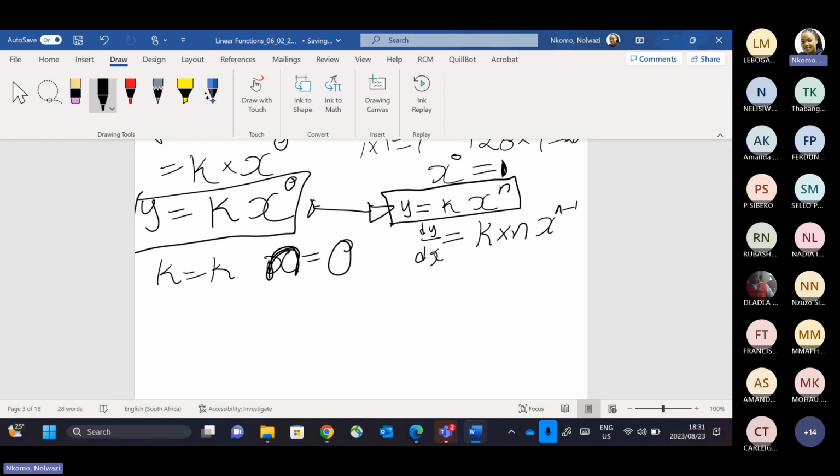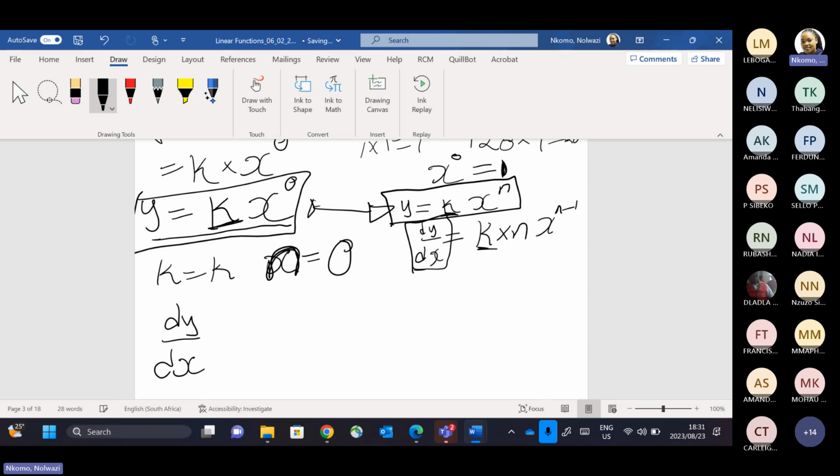This is what we want to find, the derivative of y with respect to x. This is our function y, and we want to find its derivative, which is dy dx. We said k is equal to k, right?